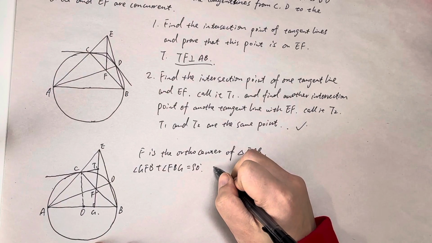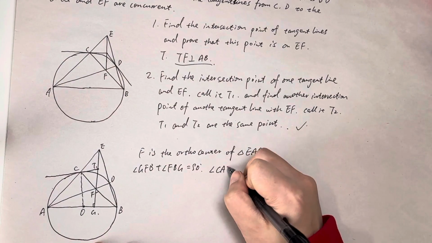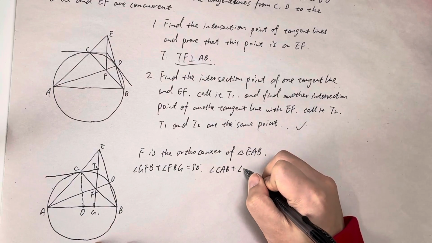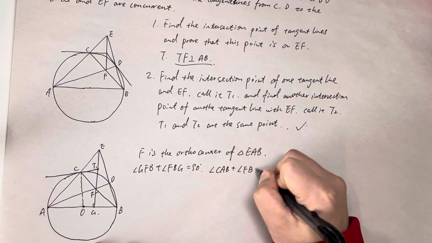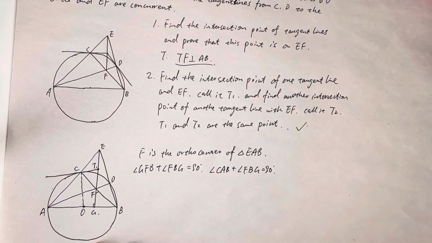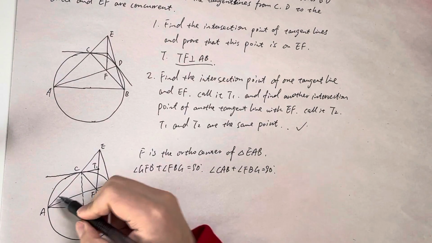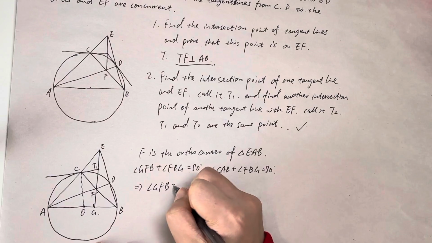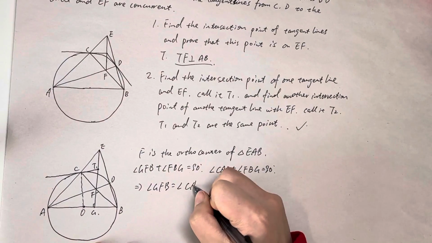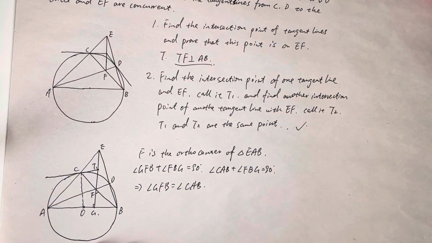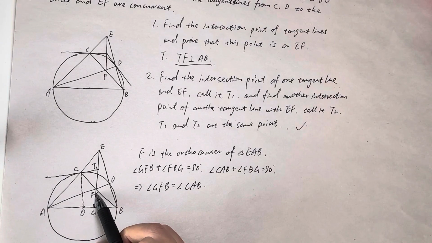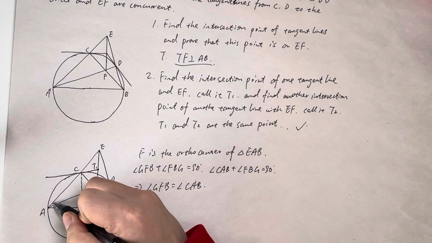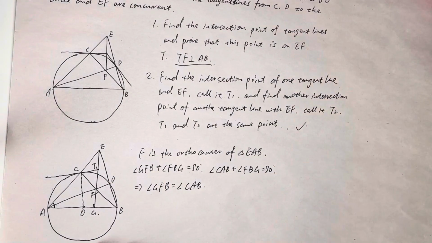And we know that angle CAB plus angle FBG equals 90 degree, right? We know this angle equals to this angle. So angle GFB equals angle CAB. We've learned this before. This angle equals to this one, right?